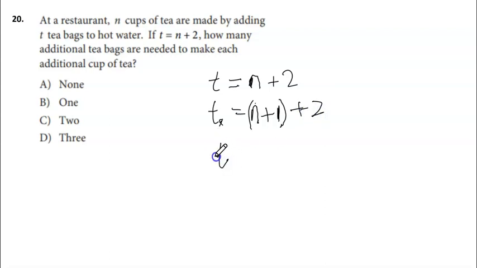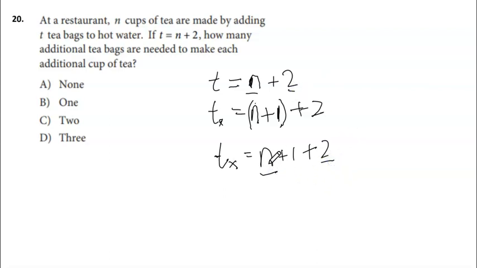So let's find out what's going on. So t subscript x is now equal to what? n plus 1 plus 2, right? Now let's try and compare this with the original equation. We see n here, we see n there, we see 2 there.